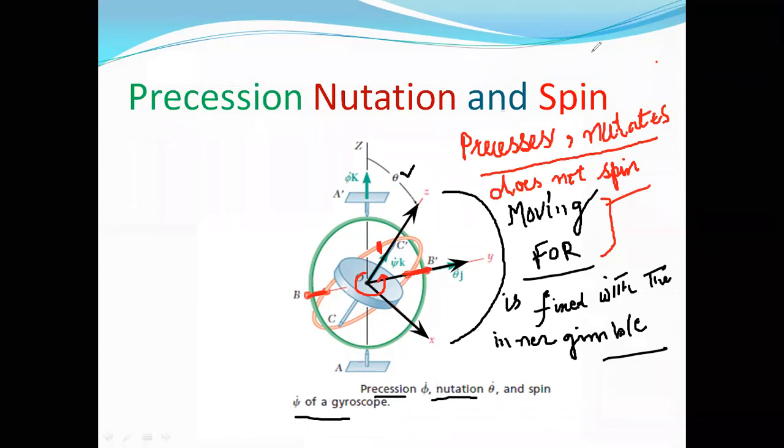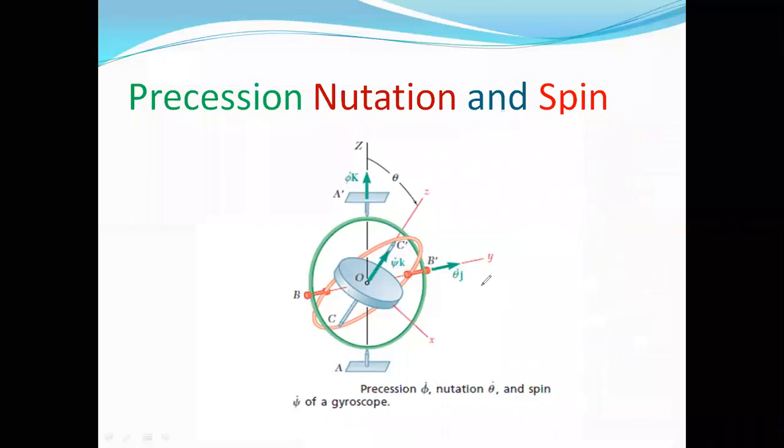Now let's write the equations of motion. What equations of motion can we have for the gyroscope? The first and foremost equation that I will write is the angular velocity of this gyroscope with respect to an observer on the ground, the ground frame of reference.